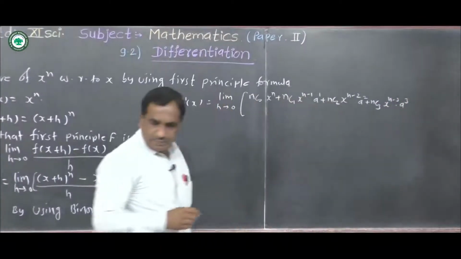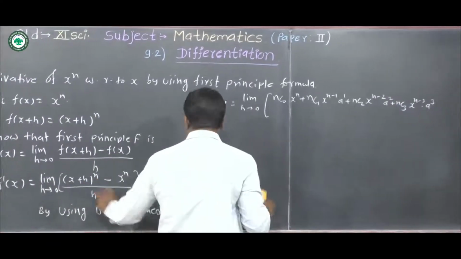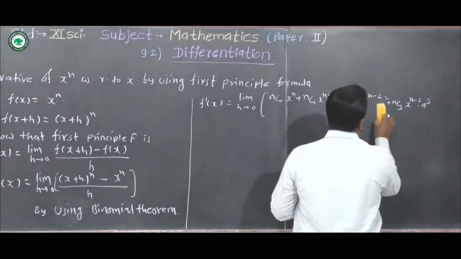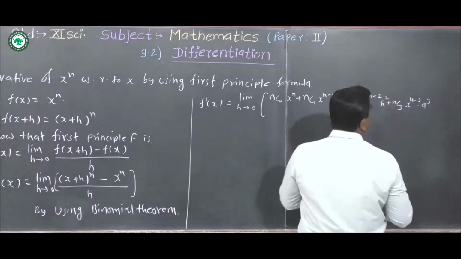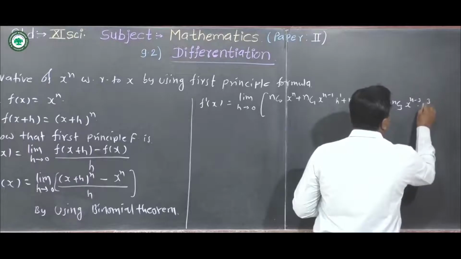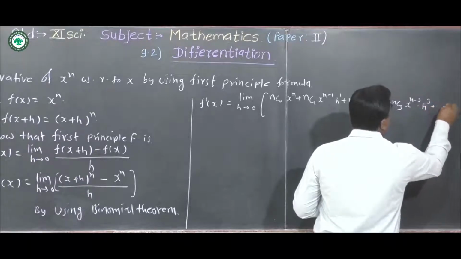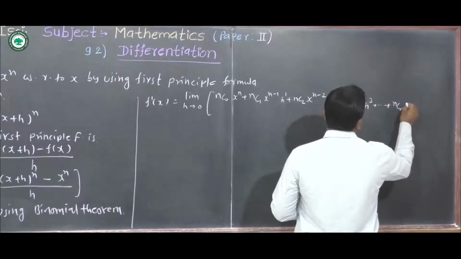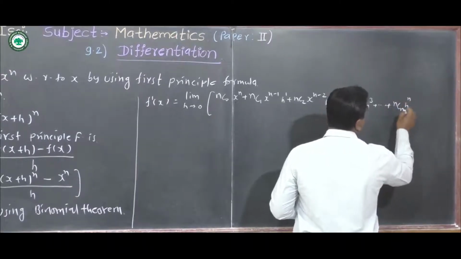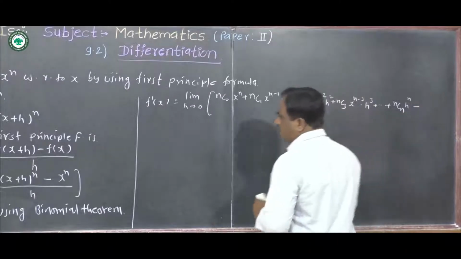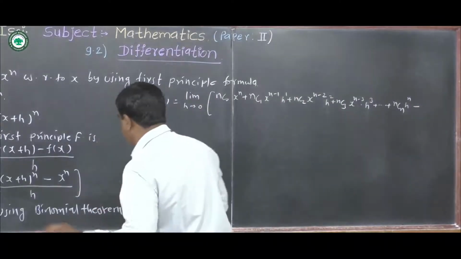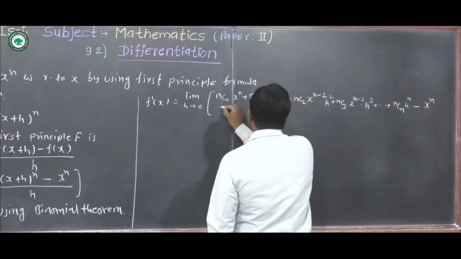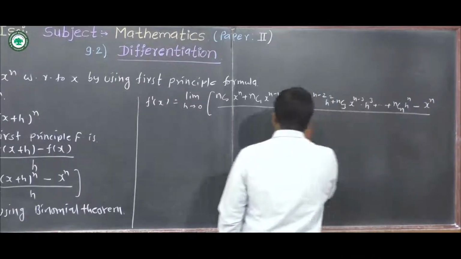But here instead of a we can write h: x plus h raised to 1, h raised to 2 and h raised to 3, plus so on. The last term is nCn into h raised to n, x raised to 0 into h raised to n, minus this term x raised to n as it is, x raised to n upon h.